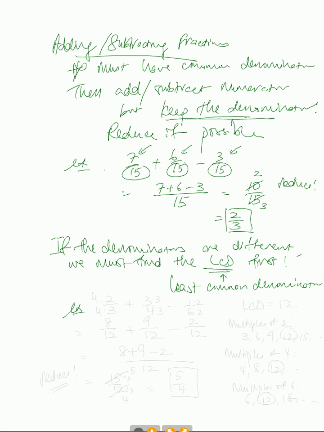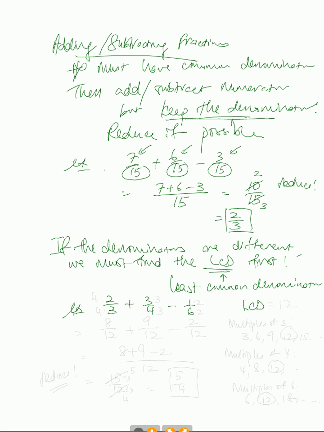So take for example, we are adding 2/3 with, let's say, 3/4, and let's say minus 1/6. Okay, so what you need to look for is the LCD, and there are a few ways to do it.